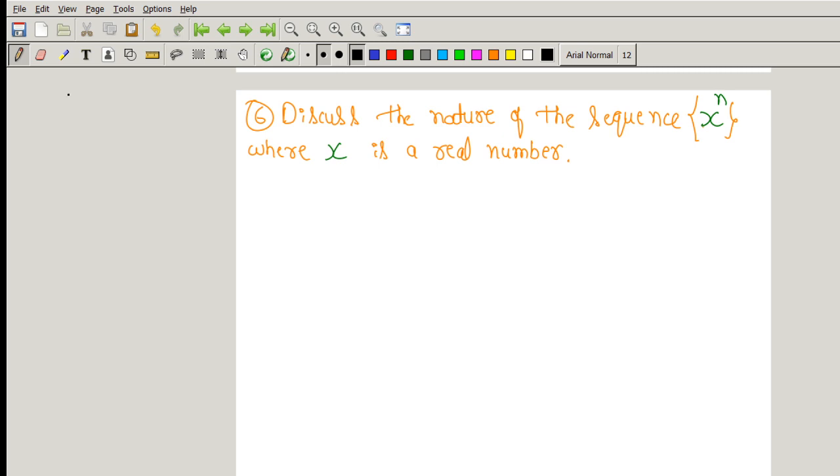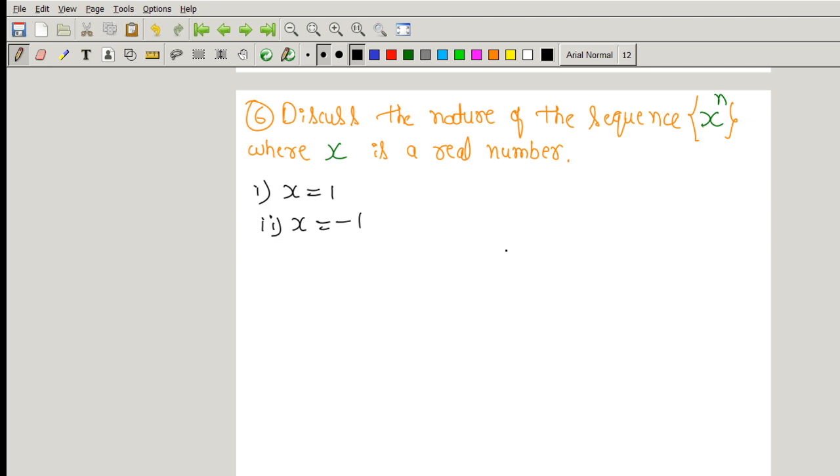Therefore, we check for some 4 to 5 conditions. Firstly, I check for when x is equal to 1. Next, I check for x is equal to minus 1.